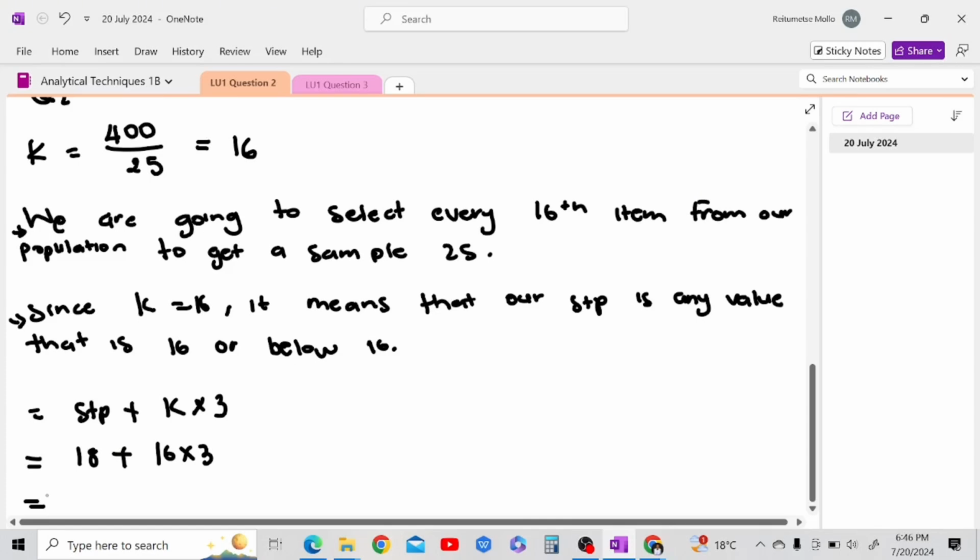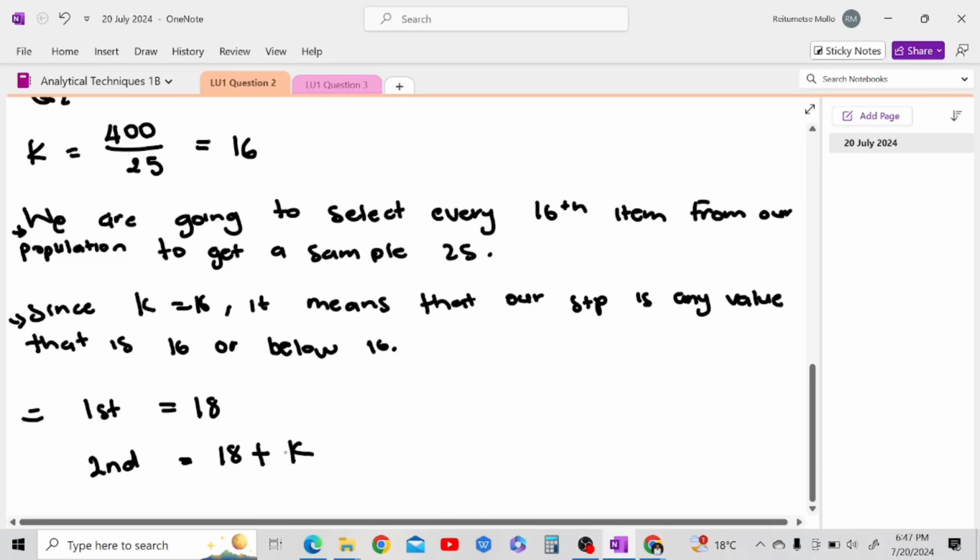So the second item selected is going to be 18 plus k. The third item selected is going to be 18 plus k plus another k.